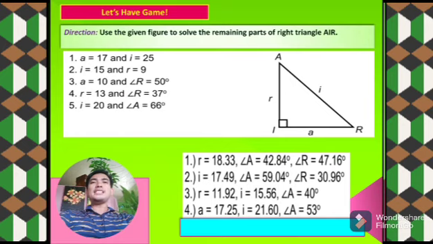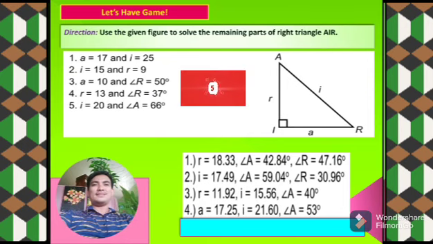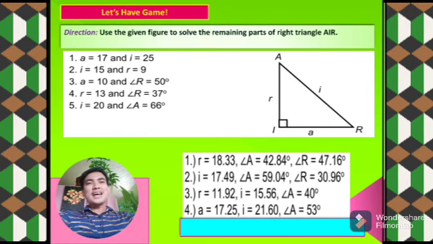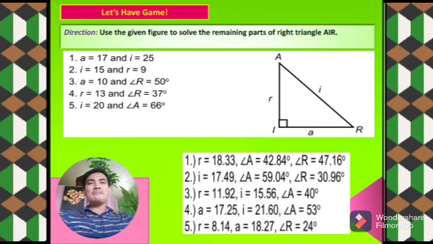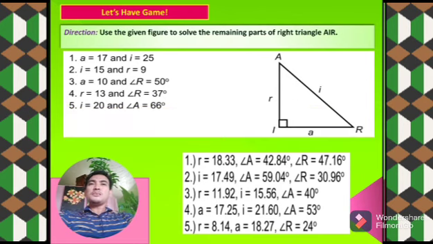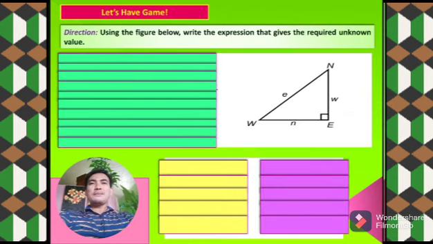I is equal to 20 and angle A is equal to 66 degrees. Start. And the correct answer is on the screen. Congratulations! Well done! Now let's proceed to the next activity.